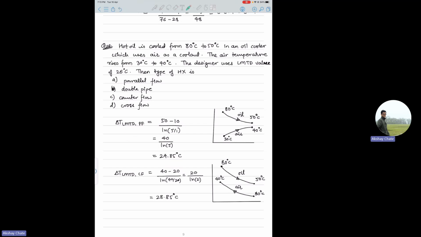Okay, so now we have another option which is whether it is counter flow or cross flow. And as I said, if it is a cross flow, they should have mentioned some correction factor. They have not mentioned any correction factor, so you cannot assume it as a cross flow, because again, if I give you correction factor of 0.1, then your LMTD will just become 2.8 there, and that is again wrong.